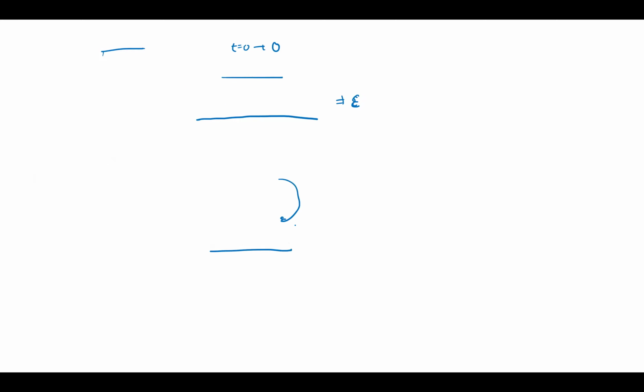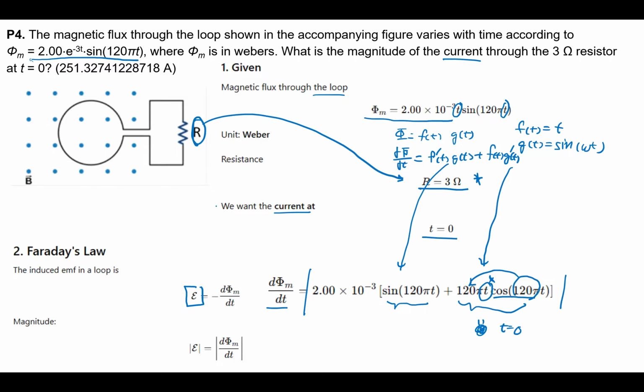Okay, so what we have done is, sorry about this, this is wrong. There's an exponential minus 3t. So let's do it once again.